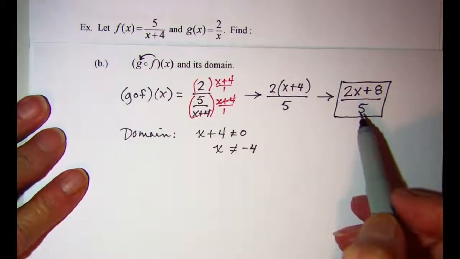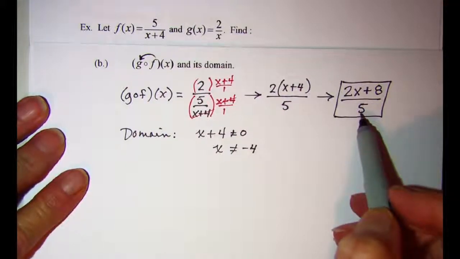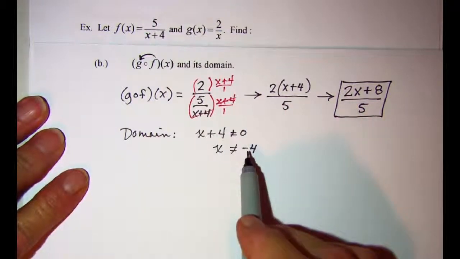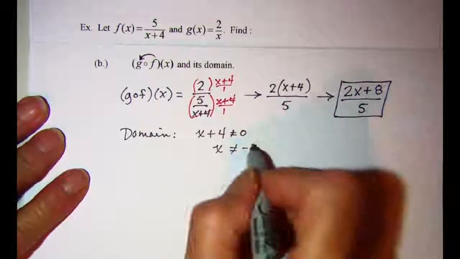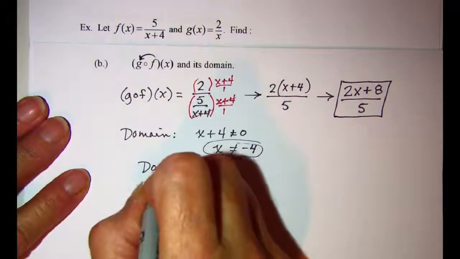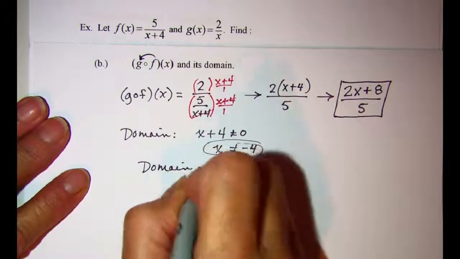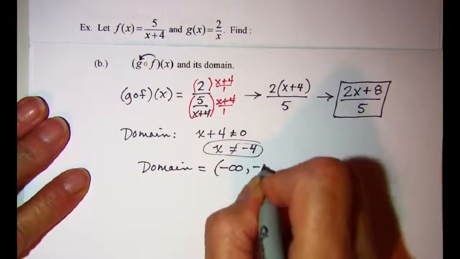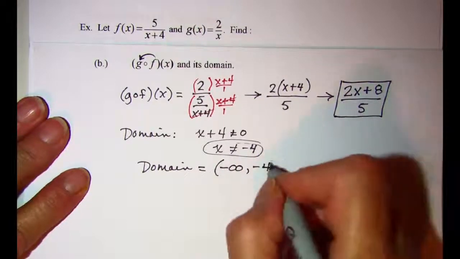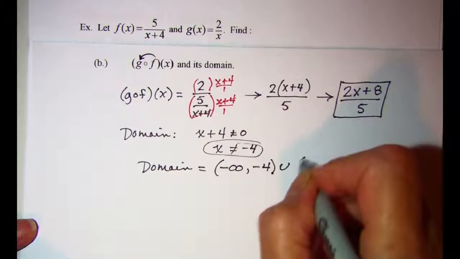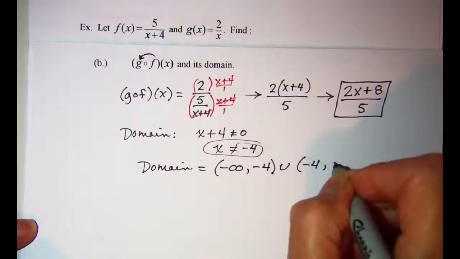It's 5, it's constant, so we don't have to worry about a restriction on this domain. But we do have to include this restriction. So our domain is equal to negative infinity to negative 4, union negative 4 to infinity.